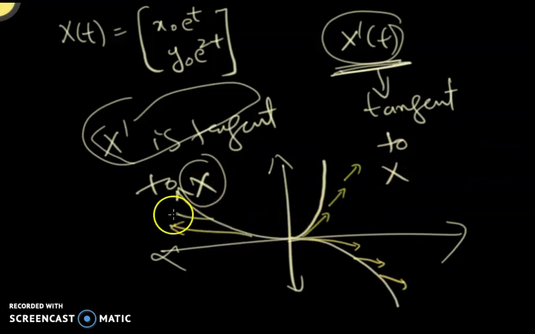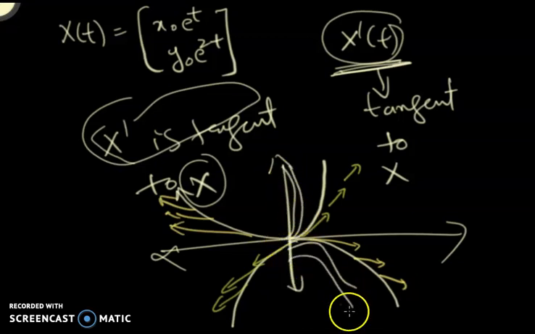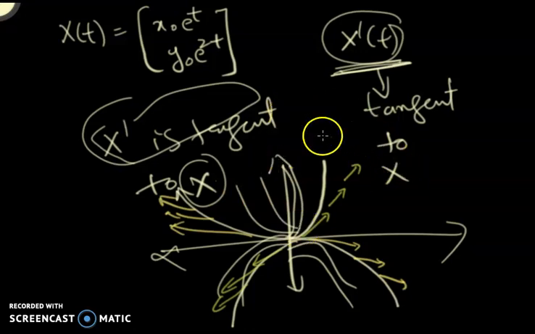So that means that, for example, there was one like this as well, because when we were changing the x naught y naught we were getting different curves this way, if I'm not wrong. So in order to plot this x of t, we can get the idea of x of t from these vectors, how these vectors are behaving.